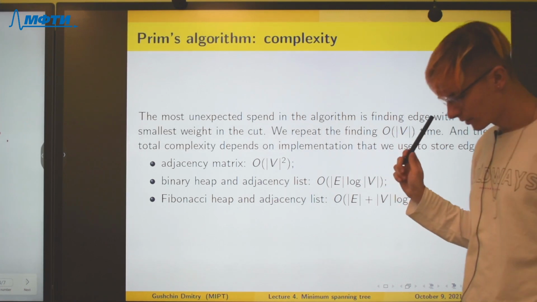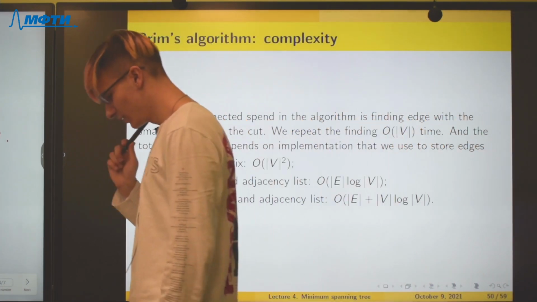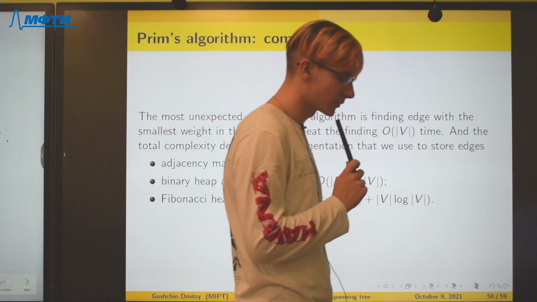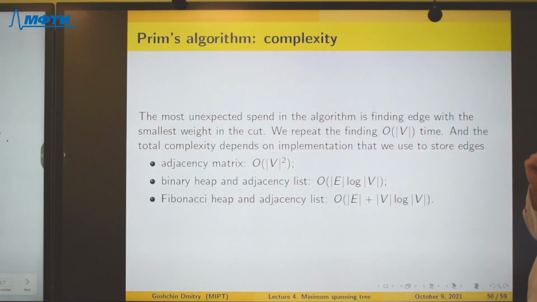But you can think about why we can get this asymptotic time if we have an adjacency matrix. So let's go through it.